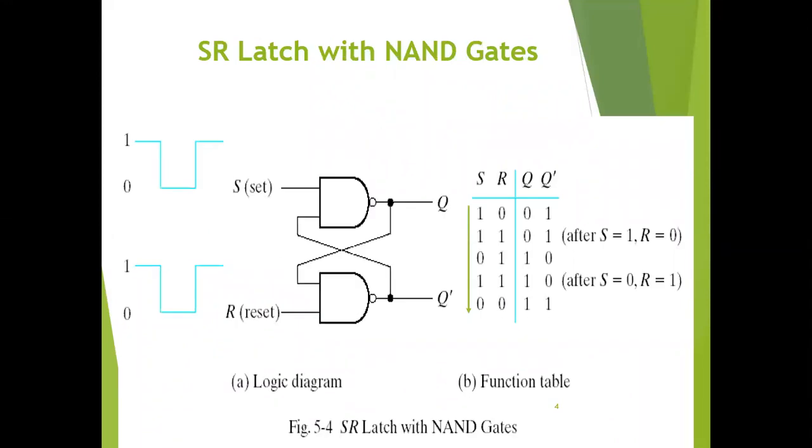But in the case of SR latch with NAND gates, both inputs normally remain at 1 unless the state of the latch has to be changed.